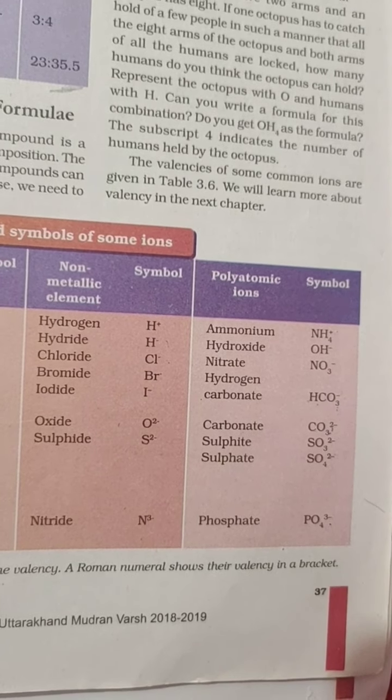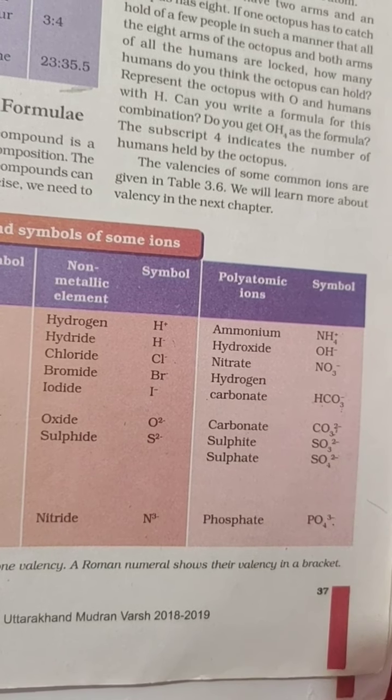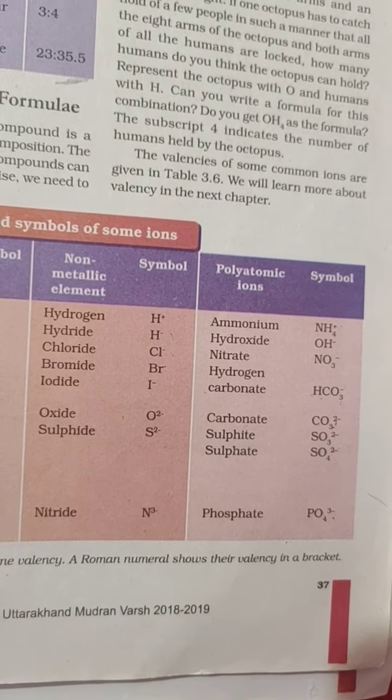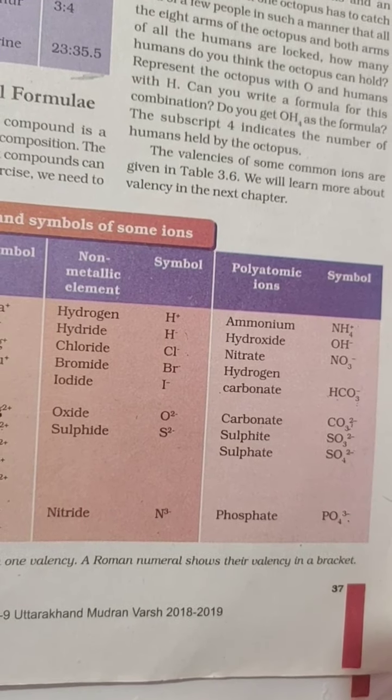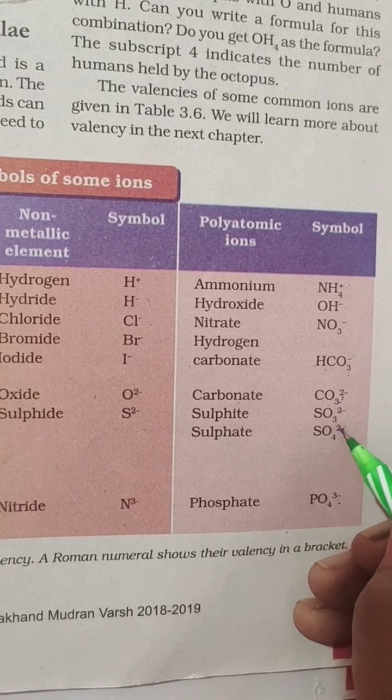Because electrons are accepted, electrons are the thing which are combining with the other element or the other atom. So valency is just the combining capacity. From how many electrons the atom is combining with the other atom, that is the valency. So we can also find out the valency from this.